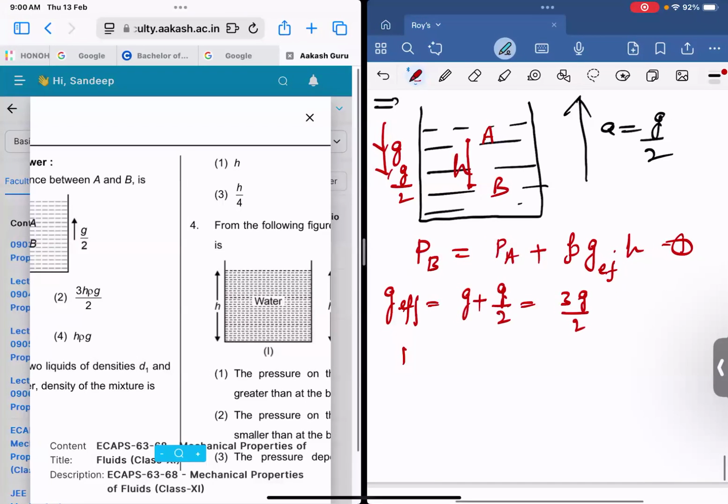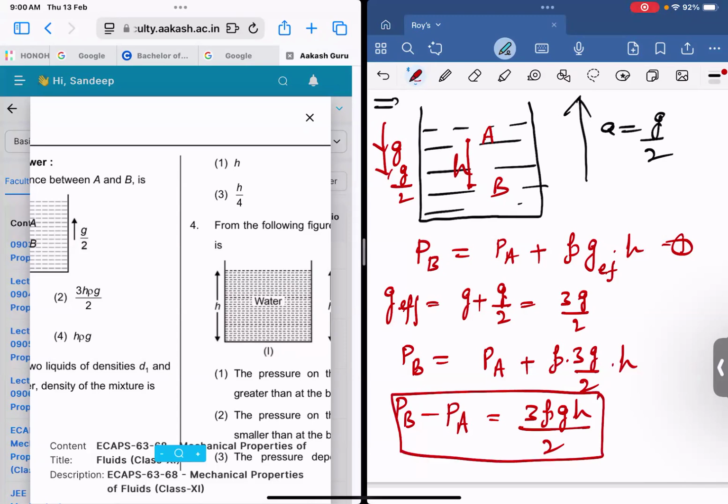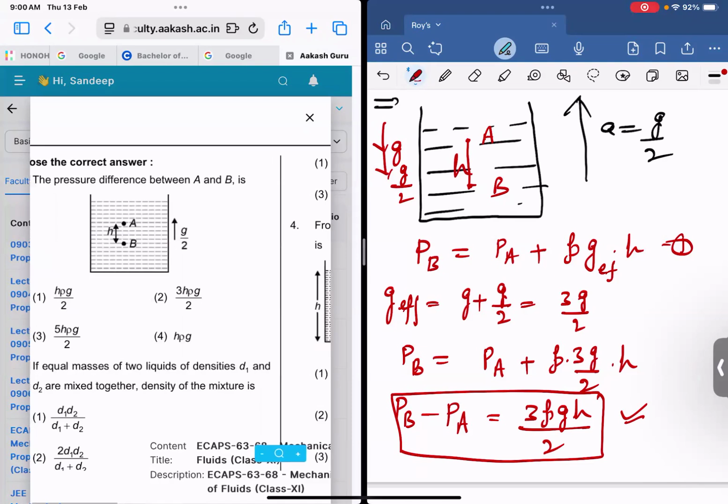So pressure at depth B is pressure at A plus rho 3g by 2 into h. That means the pressure difference PB minus PA should be 3 rho gh by 2. That should be the answer. Understood? Yes, sir. So here I think the second option is correct.